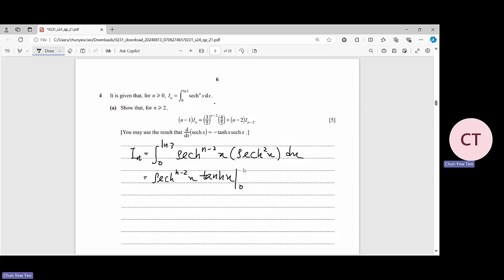So this one is from 0 to ln 3, minus the one that you brought out just now, differentiated: n minus 2 sec to the power n minus 3 x. Then after that, you need to differentiate sec x. Differentiating sec x, you get tan x sec x.